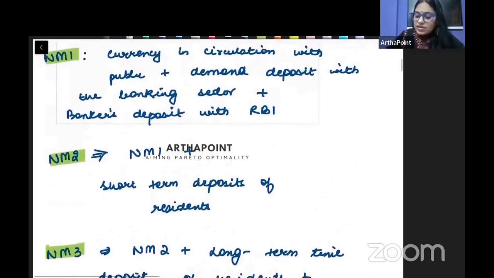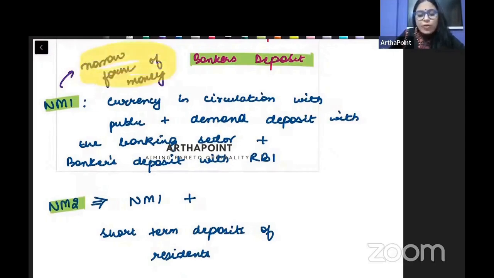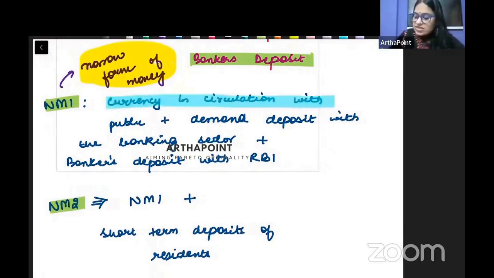अब NM1 क्या था? NM1 was the most narrow form of money. Right, beta? अच्छा, अब इस NM1 में क्या आता था? What came in NM1? So currency in circulation with public. जो भी currency बाहर है, whatever currency is there in circulation with the public, वो आता था.